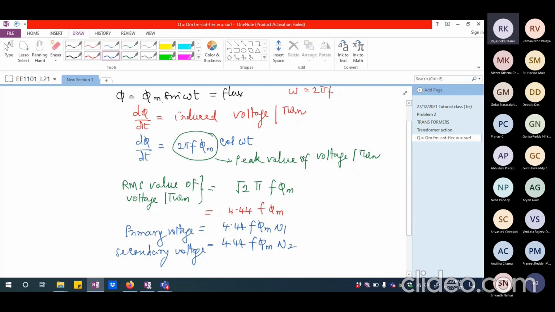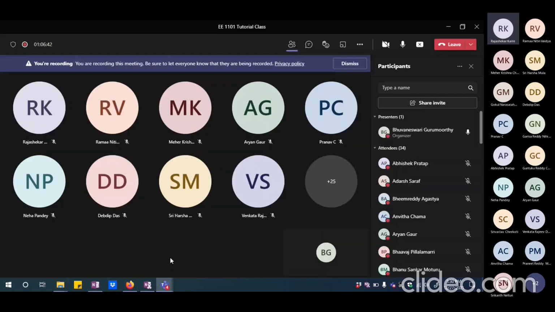Depending upon how many turns my primary winding or secondary winding has, the voltage induced is adjusted correspondingly as per the number of turns. That's how you get either step up action or step down action.